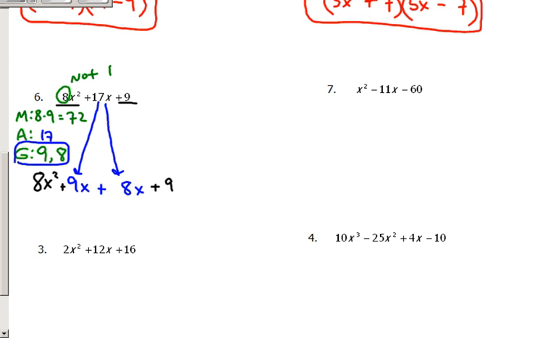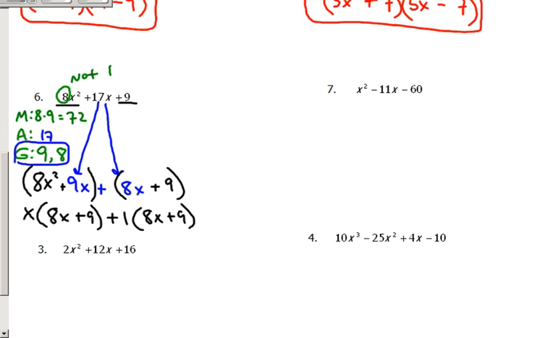Now, when we have 4 terms, which we'll get into a little bit later in more depth, we factor by grouping. Now I'm going to take the GCF out of the first parentheses, being an x. Gives me 8x plus 9. Out of the back parentheses, there's no big number I can take out, so whenever there's nothing, we're going to pull out a 1. 8x plus 9.